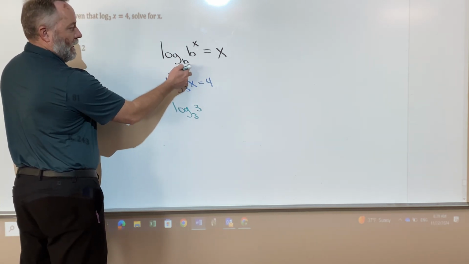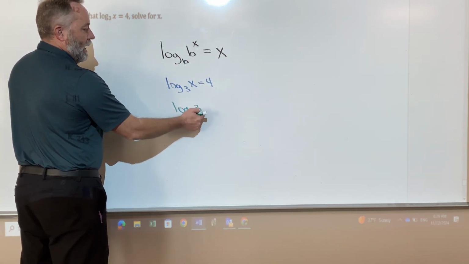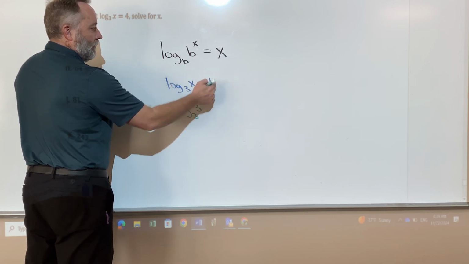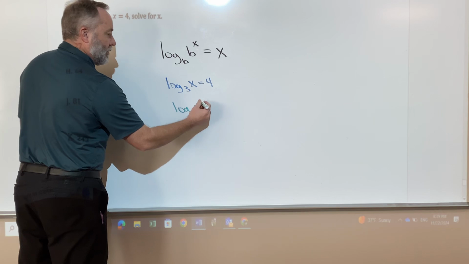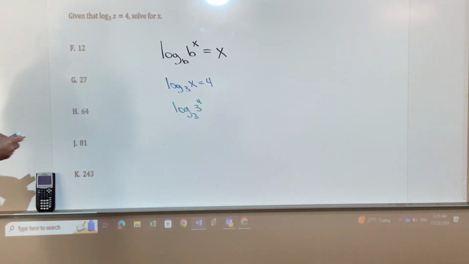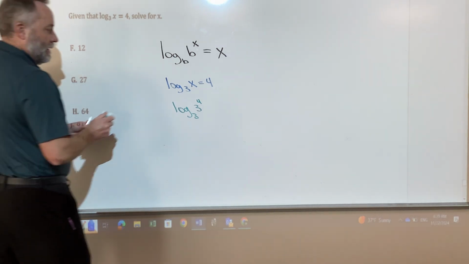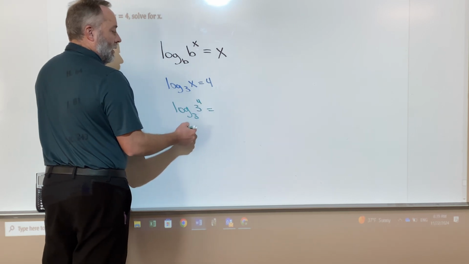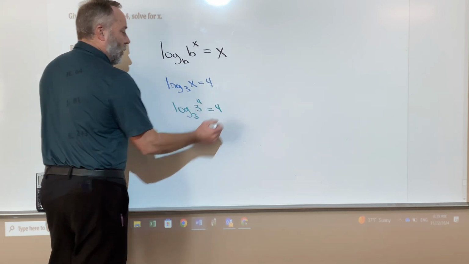So now the base and the argument match. And if it's going to equal this value, we know that value to be 4, which means the exponent of our argument is 4. So this would say log base 3 of 3 to the 4th is equal to 4.